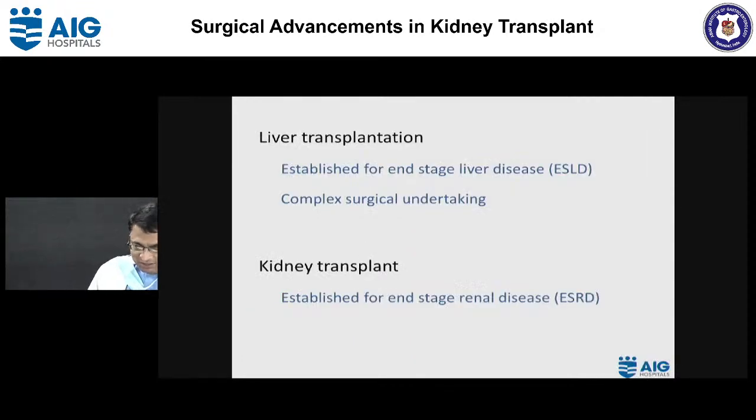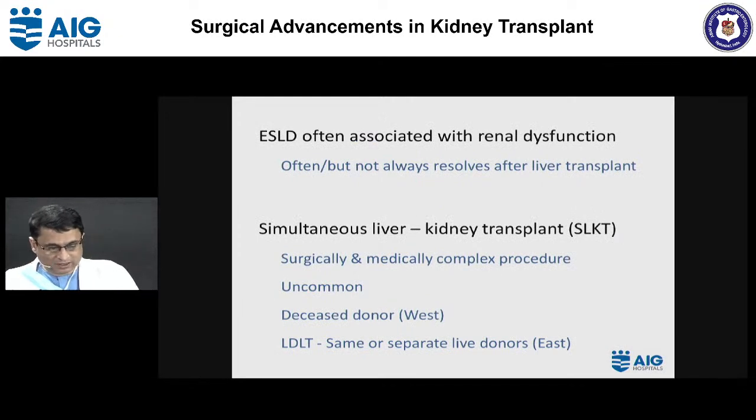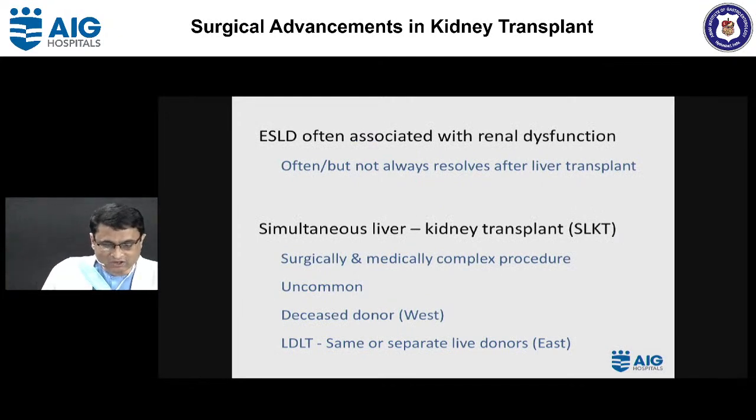So, you will all agree that both liver transplant and kidney transplant are quite established. They may be complex surgeries, but they are quite well established with excellent results. End-stage liver disease is often associated with renal dysfunction. It might, but not always, resolve after a liver transplant.